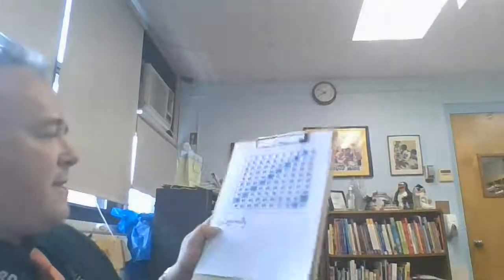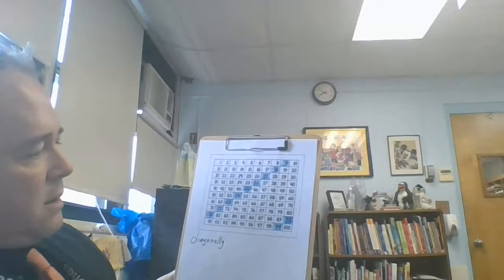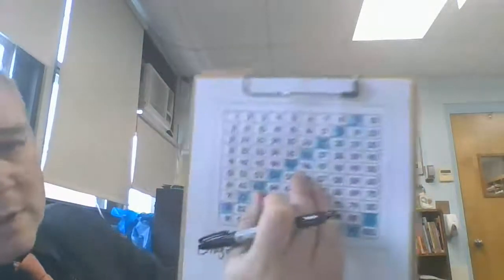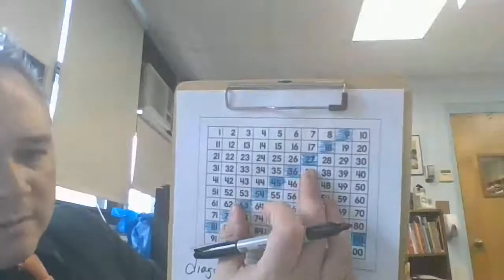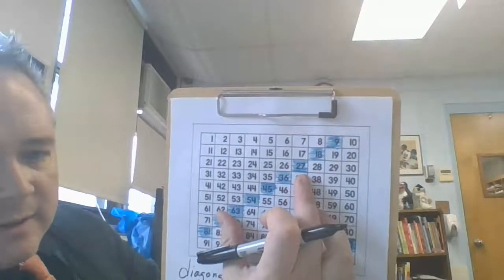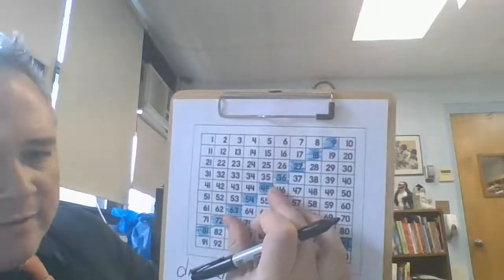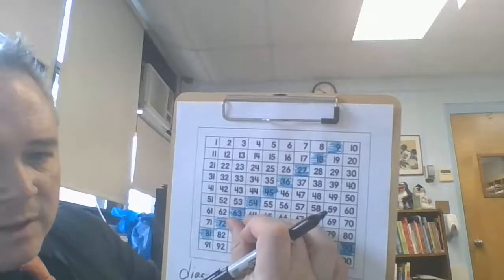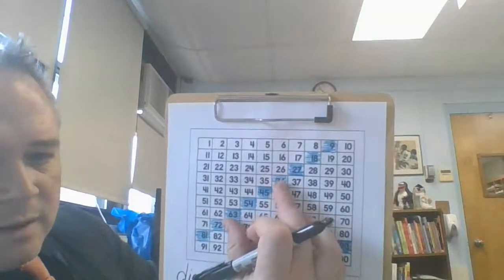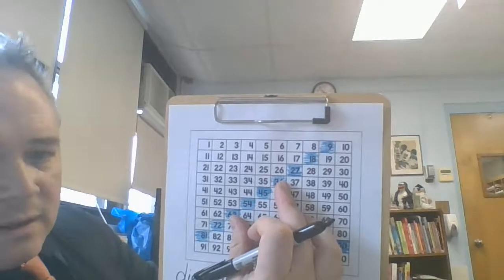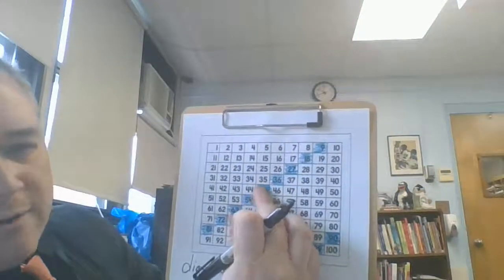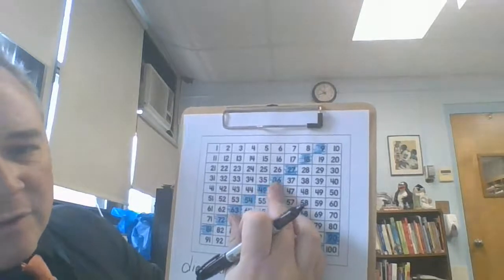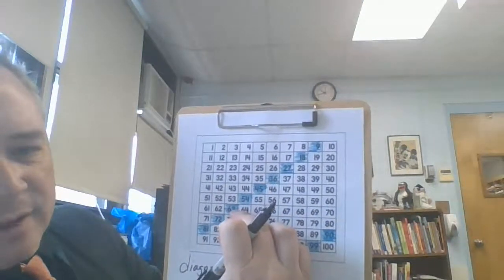I kind of notice that, you know what? Looking really close, sometimes if you look really close at just a few of them, you'll see something. Let's look at this. 36, 45, 54, 63. They're almost like mirror images of each other, right? You have a 5 and a 4, and a 4 and a 5. You have a 3 and a 6, and a 6 and a 3.